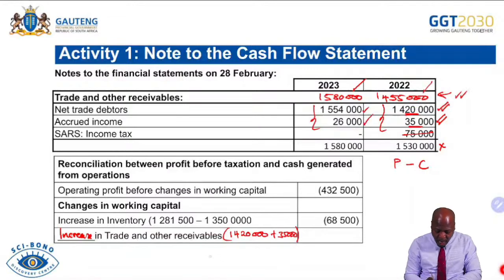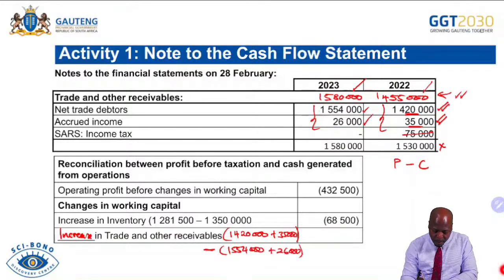Remember that. Then we come and say that amount minus, then I open again another bracket where I say 1,554,000 plus the 26,000. So what I'm doing, I'm repeating what we did up here, and that will give me 1,580,000.